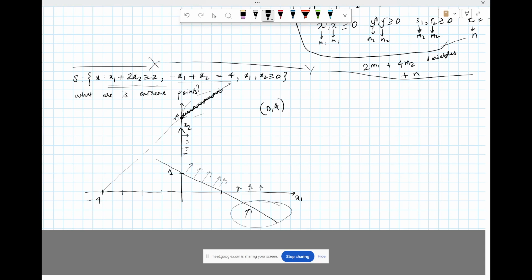The first one. Then also we'll have one extreme point, right? Because x2 is greater than zero. Yes, that is correct. So why is it that by removing this, my extreme point is not changing, or my feasible region itself is not changing?